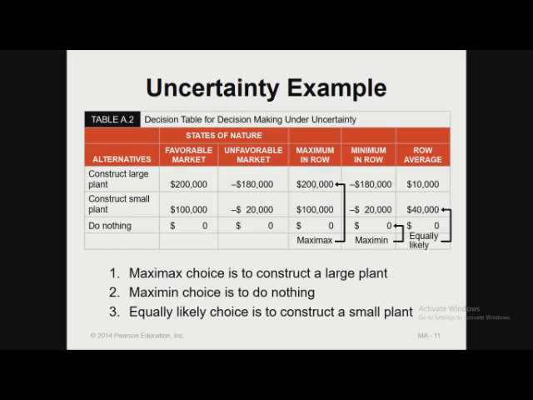Pag Maximin naman, you are just going to identify the worst, the best among the worst payoff in each alternative. Example, alternative 1, the worst is loss of 180,000. Constructing small plant, loss of 20,000. Then, ang do nothing naman is 0 kasi you did nothing. Okay, so asa man ang pinaka the best dira?